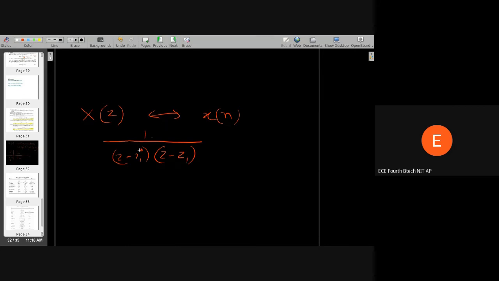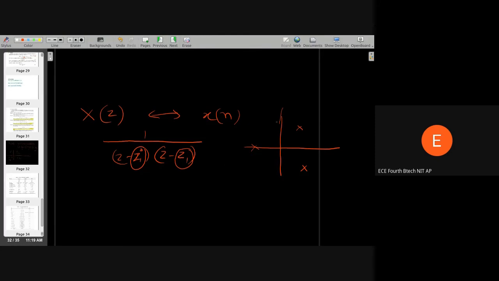If it is not complex conjugate, your coefficients in the time domain will not be real. So for real signals, if you have a pole somewhere in the complex plane, then you will always have another pole, the complex conjugate of it. If it is on the real line, there is no issue. You don't need to have this one.